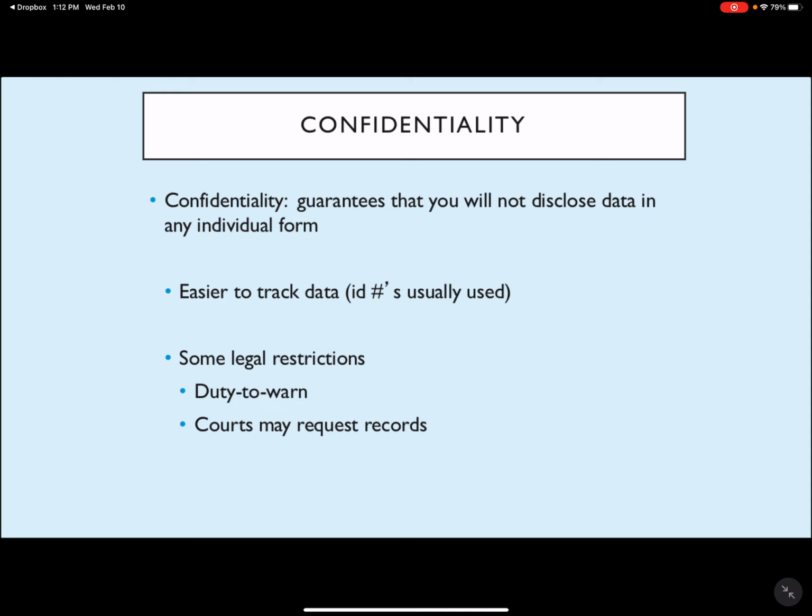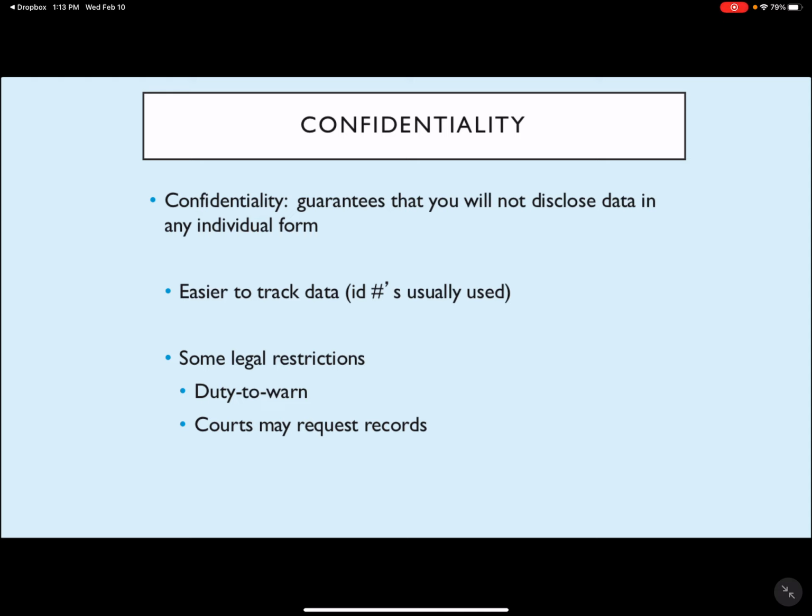So confidentiality is really important to maintain, and assigning ID numbers and de-individualizing the data, I don't think I said that word right, are techniques that we use to keep participants' data confidential. Now, there are some legal restrictions, and when I say legal, I mean the law.